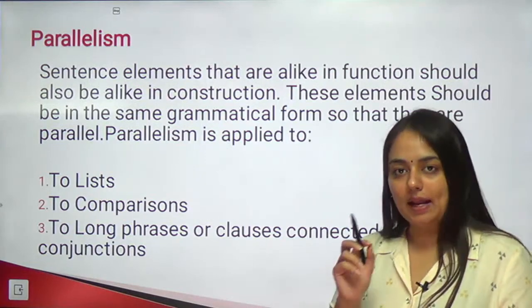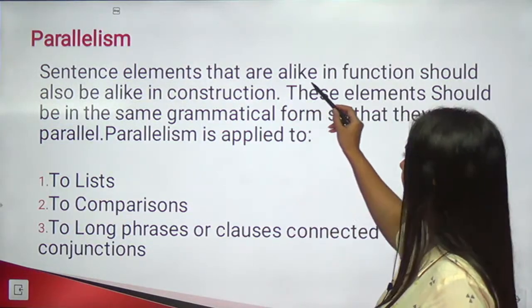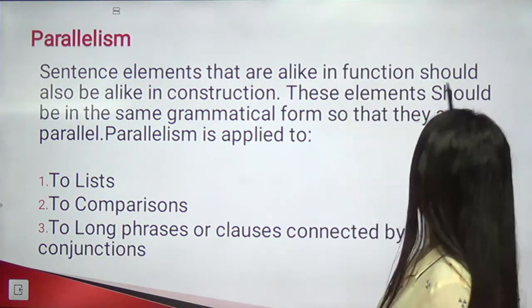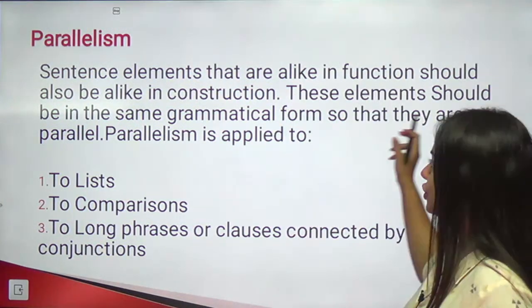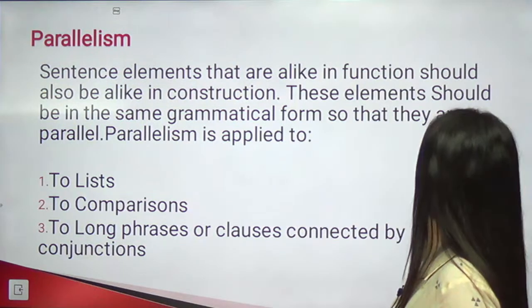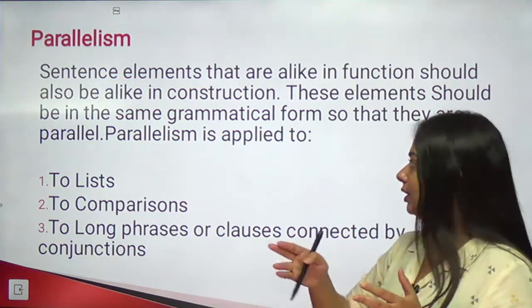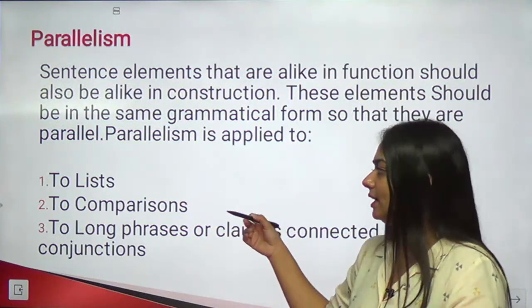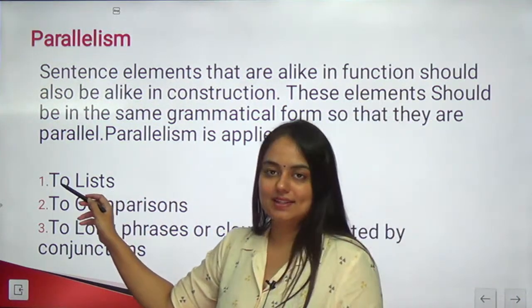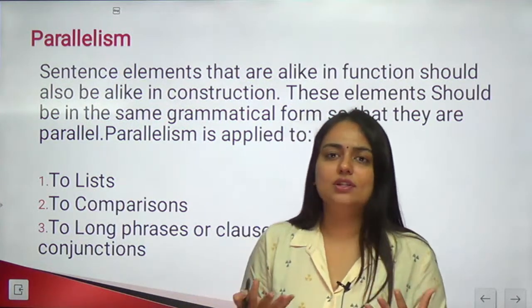The first is parallelism. Sentence elements that are alike in function should also be alike in the grammatical construction. These elements should be in the same grammatical form so that they are parallel to each other. Parallelism is applied to some of the areas, like it can be applied to lists, list of items or list of verbs.